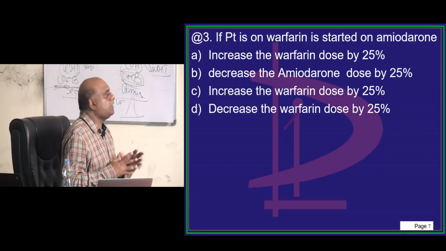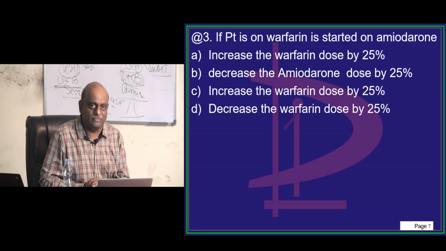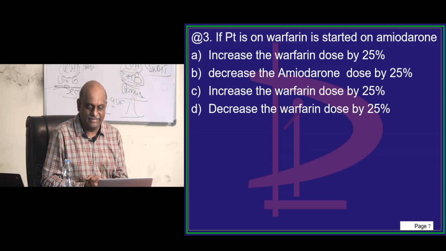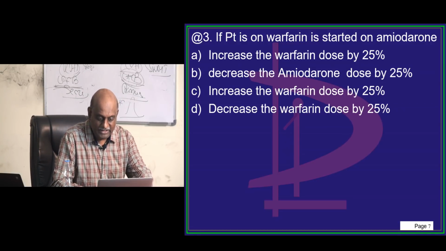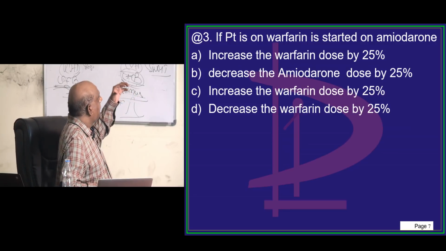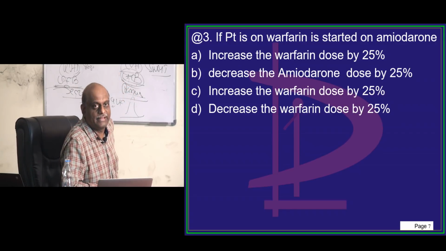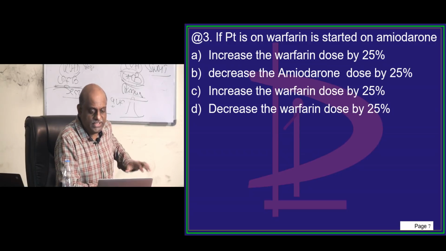If a patient is on warfarin and started on amiodarone, this is a very tricky question on the P450 inducers and inhibitors, right? So what do you want to do with the dosage of it is a very important question.